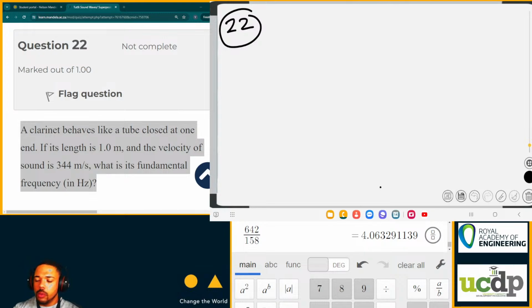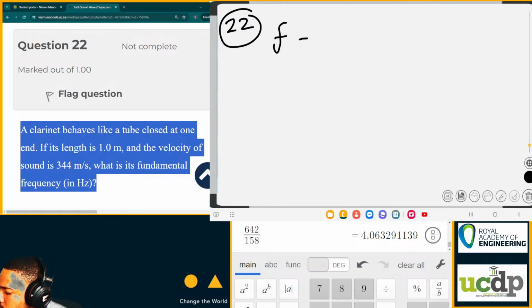Okay, now we know that the fundamental frequency is equal to the velocity divided by 4 times the length of the tube.